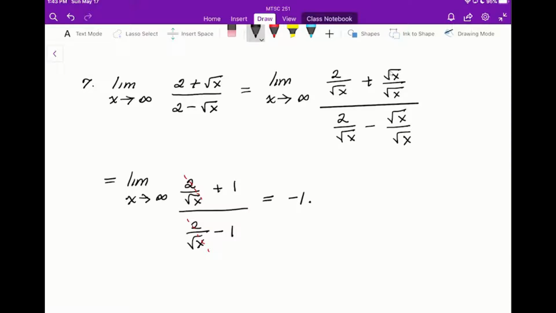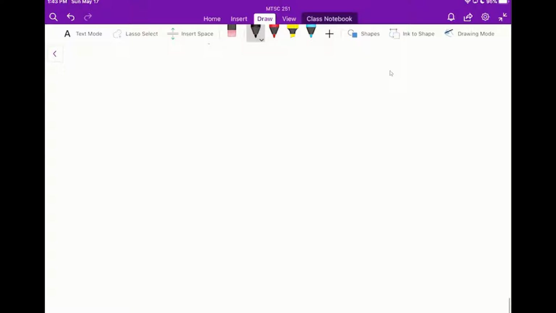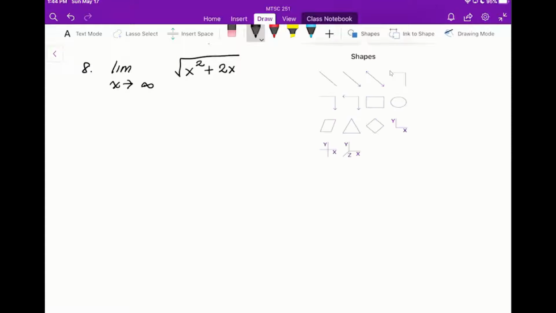Let's look at something very similar but slightly different. We now want to look at the limit as x approaches infinity of the square root of x squared plus 2x, divided by 2x minus 3.